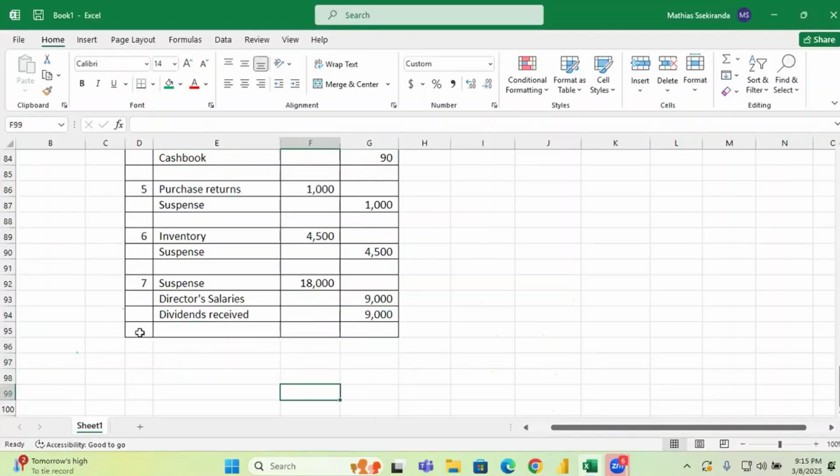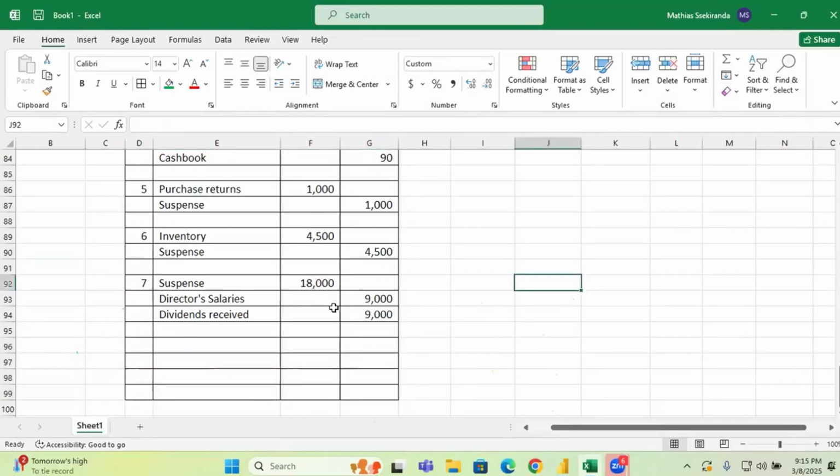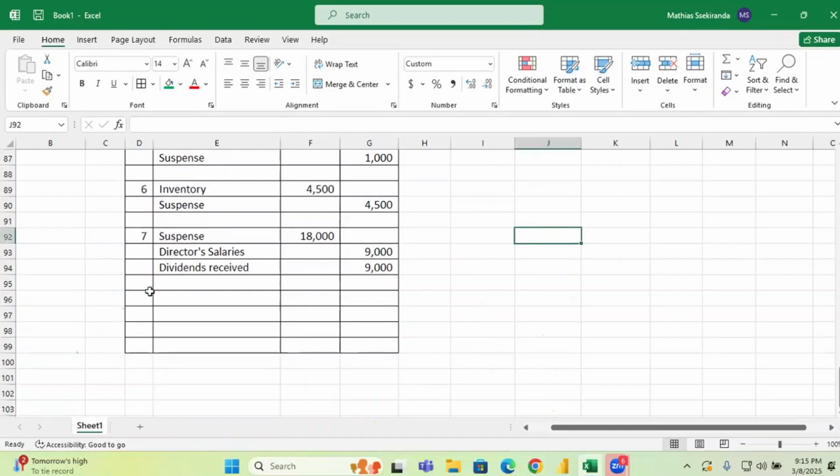Any confusion in those entries? Guys, where you have to follow the steps, follow them, because they will guide you. Identify the error, correct it first by reversing, then pass the right entry, compare debit and credit, and take the difference to the suspense.